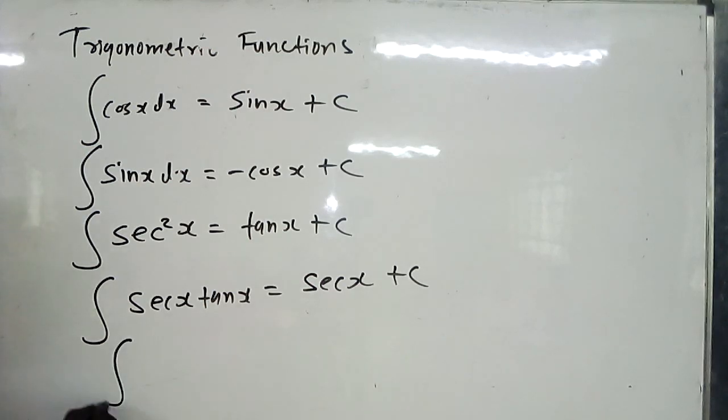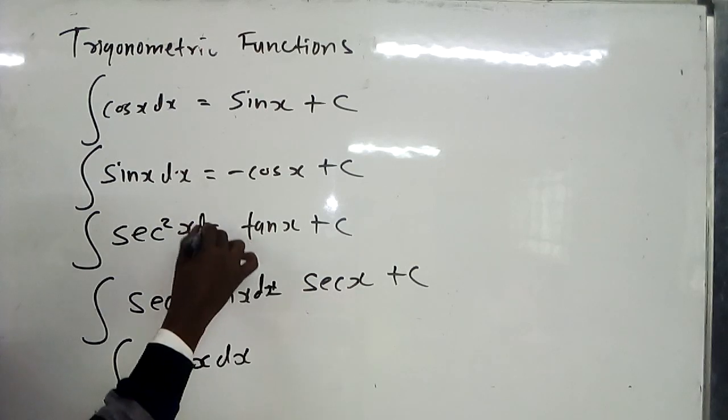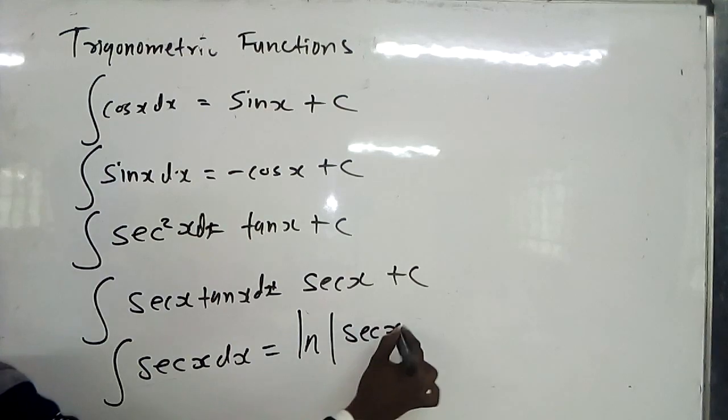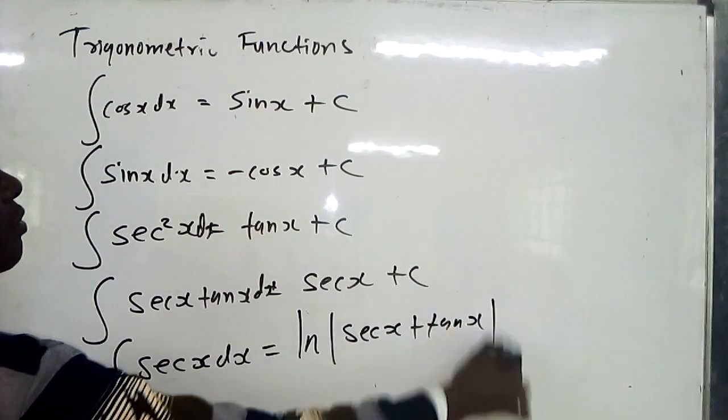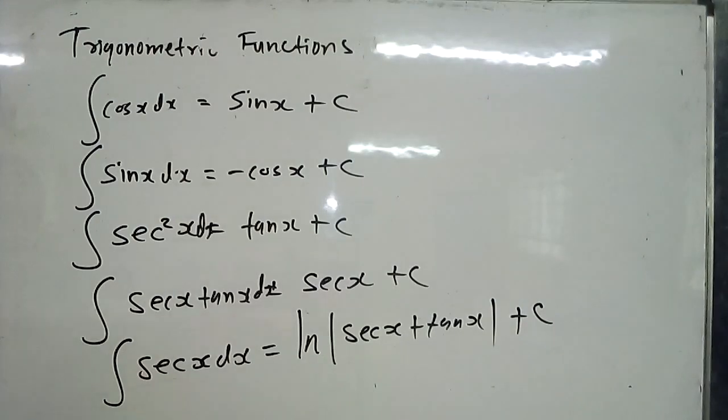When you are told to integrate sec x dx, this one is also by default. If you integrate sec x dx, we are supposed to get ln of sec x plus tan x, then plus an arbitrary integration constant. We are going to see how that is coming about.